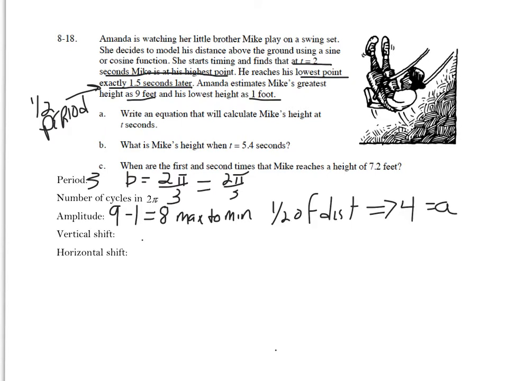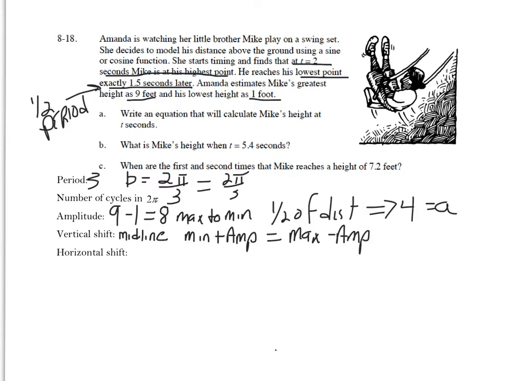Well, if the lowest point is 1 foot off the ground and our amplitude is 4, then our midline has to be the minimum plus the amplitude, which would be the same as taking the max minus the amplitude.